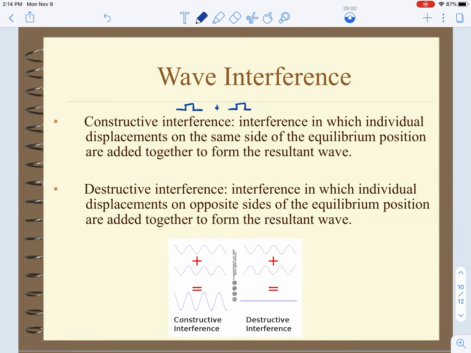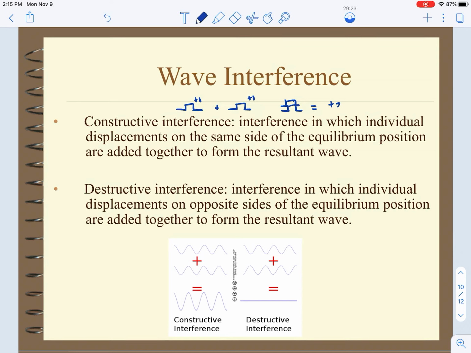So if we had two waves that both had positive amplitudes, and they joined together so that they perfectly met up or stacked up on top of each other, they would indeed give us a larger amplitude. And so that's what we get with constructive interference.